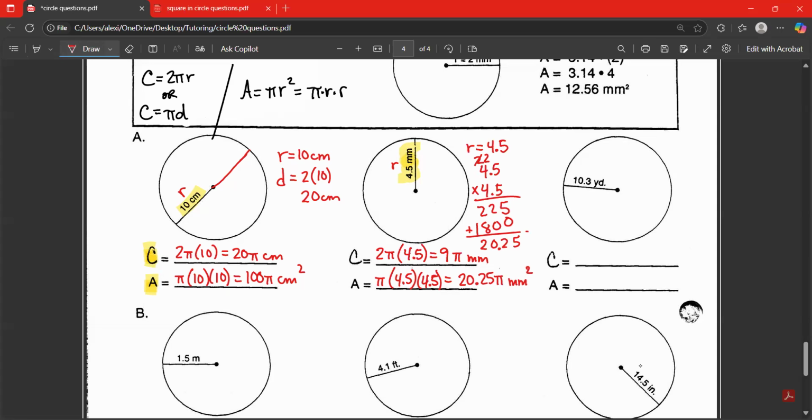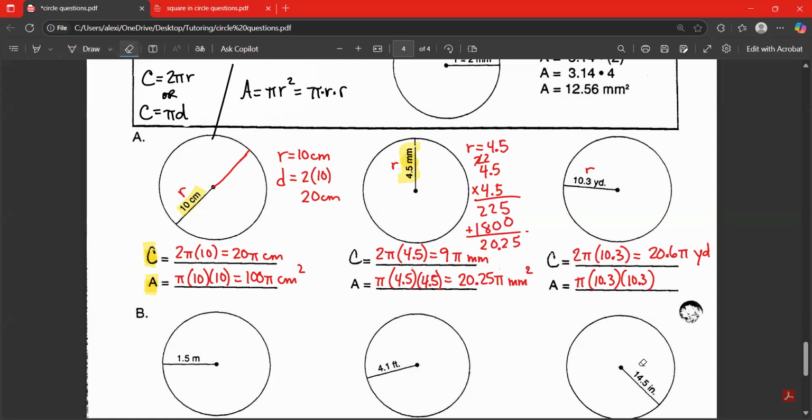And then last one, this time, well, like all of them, they've given us radius, 10.3. So circumference is 2 times pi times 10.3. So this is 20.6 pi yards. Area is pi times 10.3 times 10.3. And again, we're going to do a little multiplication. Let's see if I have some room.